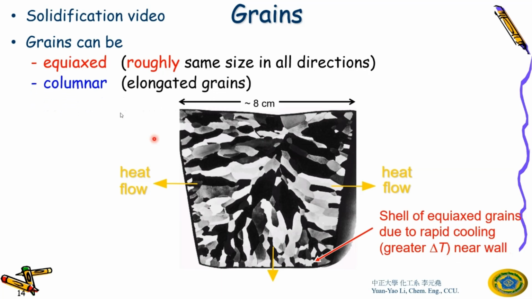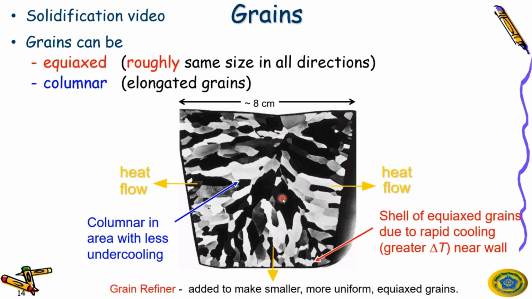And later on, you have columnar grains. Columnar grains means elongated grains, which are longer. The columnar grains form in areas with less undercooling, so you form a grain like this. You need to know how this is normally formed.